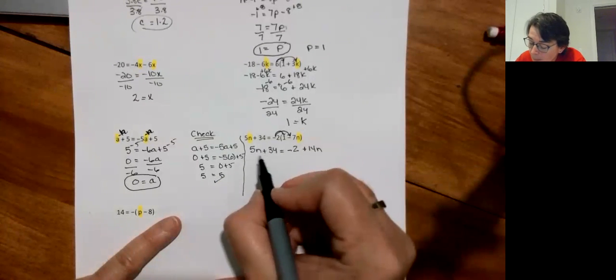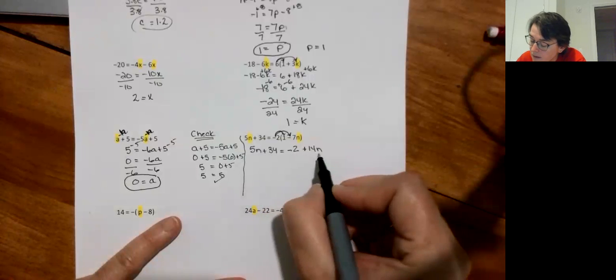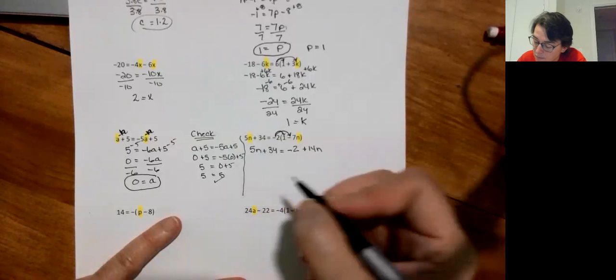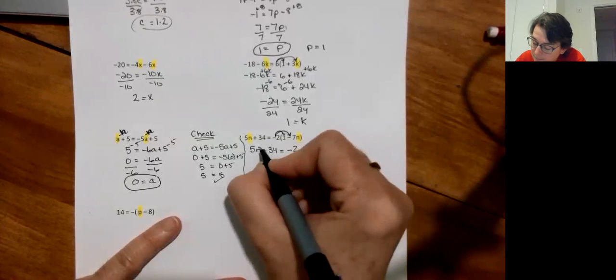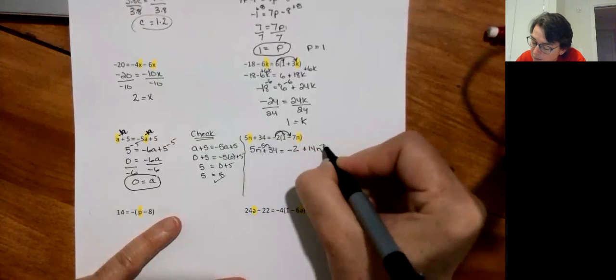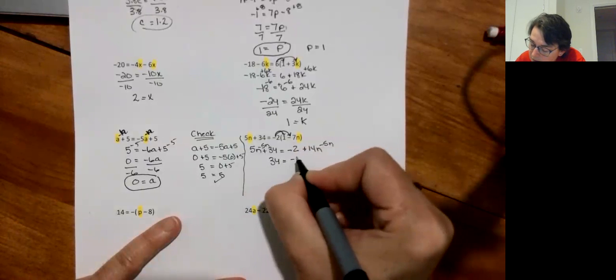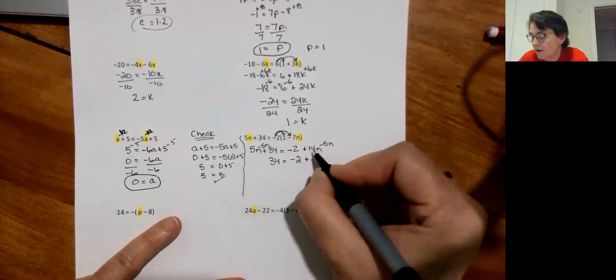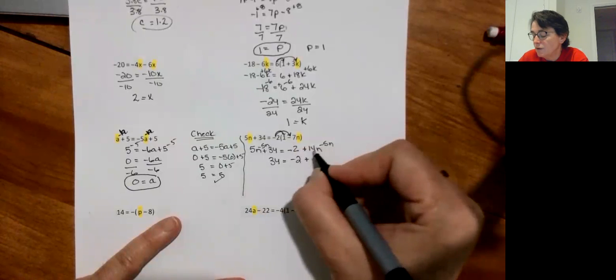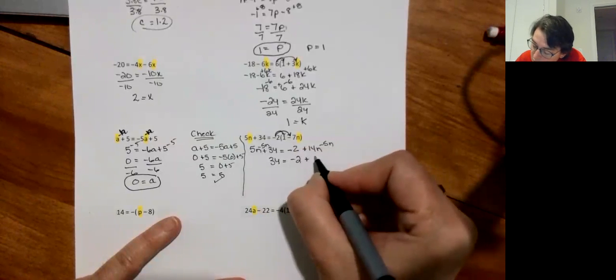Just saying. Can't put those together. Can't combine those. Not like terms. So let's do some moving. Minus 5n, minus 5n. 34 is equal to minus 2 plus 14n minus 5n, which is going to give me 9n.